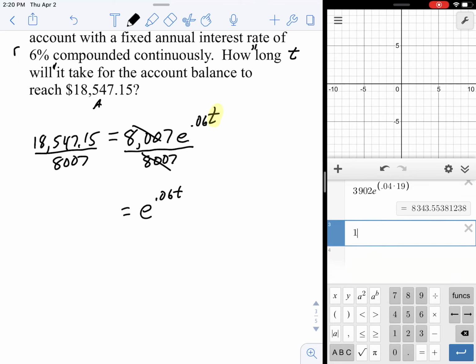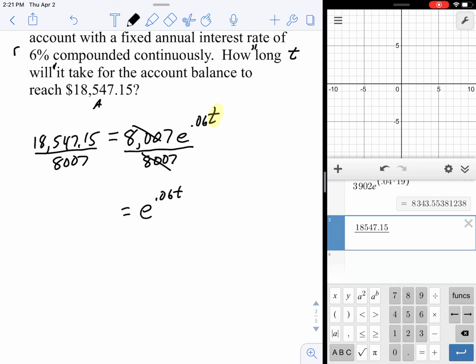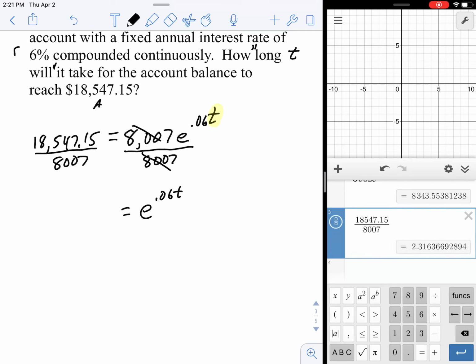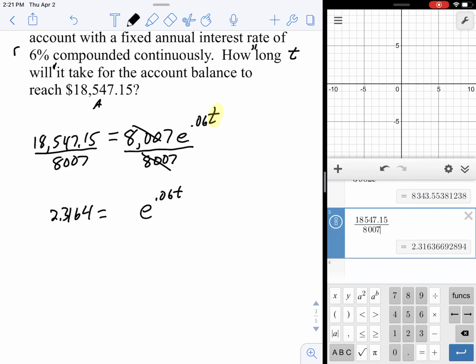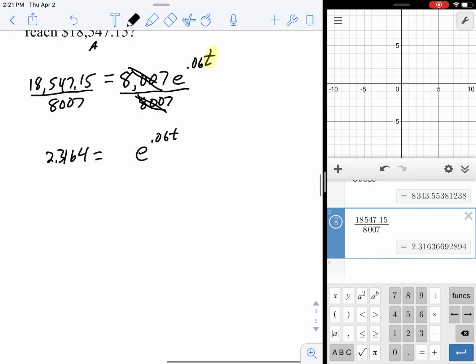The other side of the equal sign, we'll calculate 18,547.15 divided by 8,007, 2.3164 if I'm rounding off correctly. And I'm going to move this equal sign over so I have room there for my logarithm. Okay, so we did the first step, dividing to cancel out that $8,007.